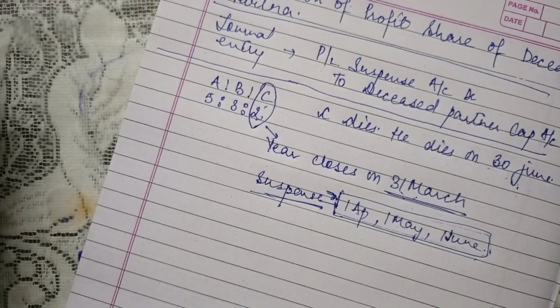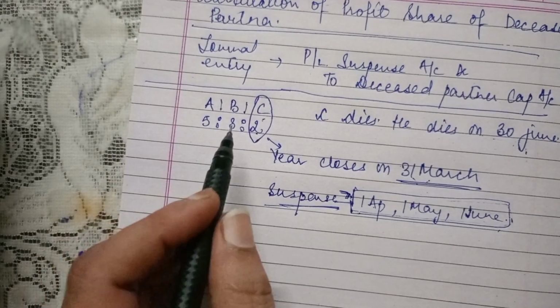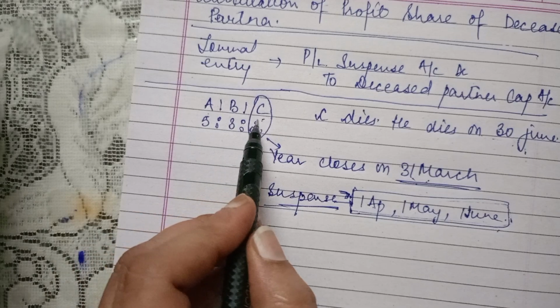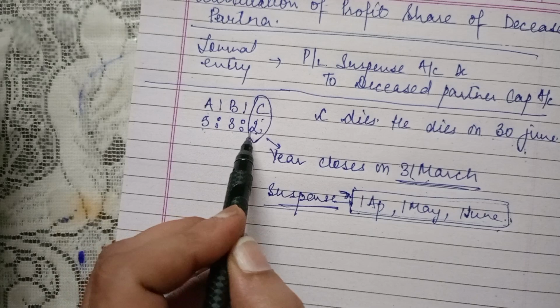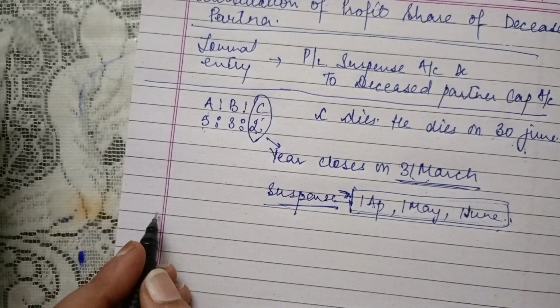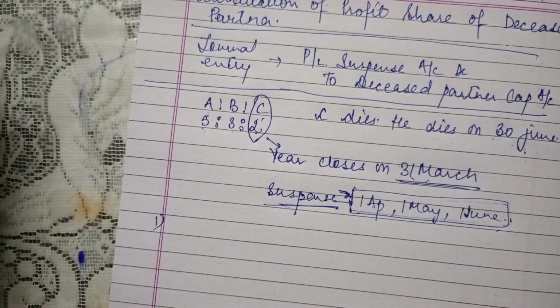Let's start with our next point. A, B, and C are the partners sharing profit in the ratio of 5:3:2. Now I am taking one example one by one.